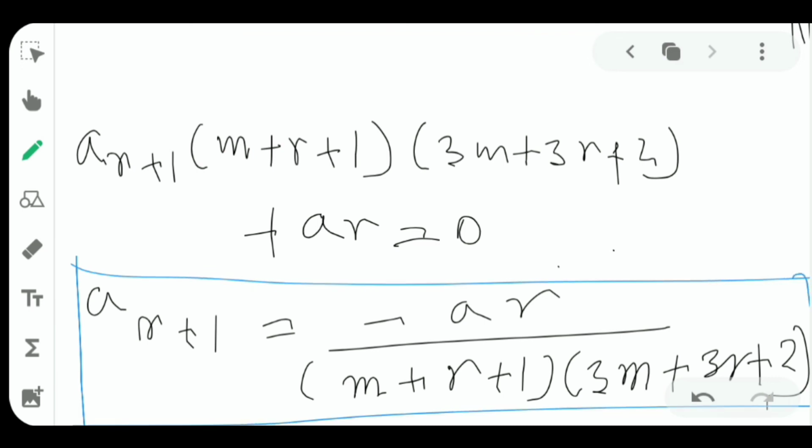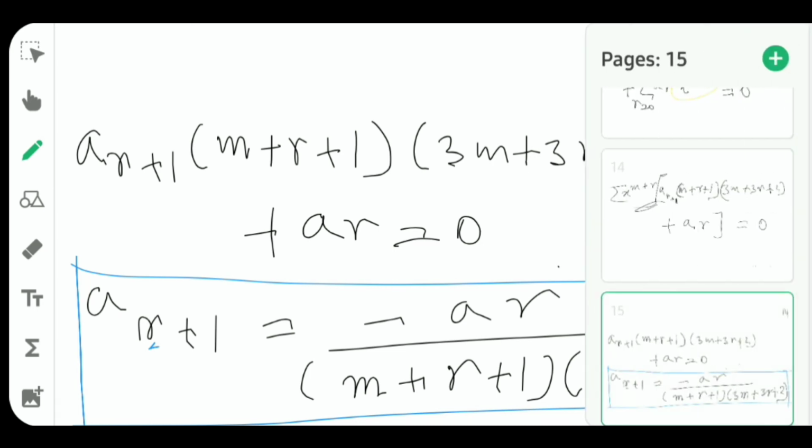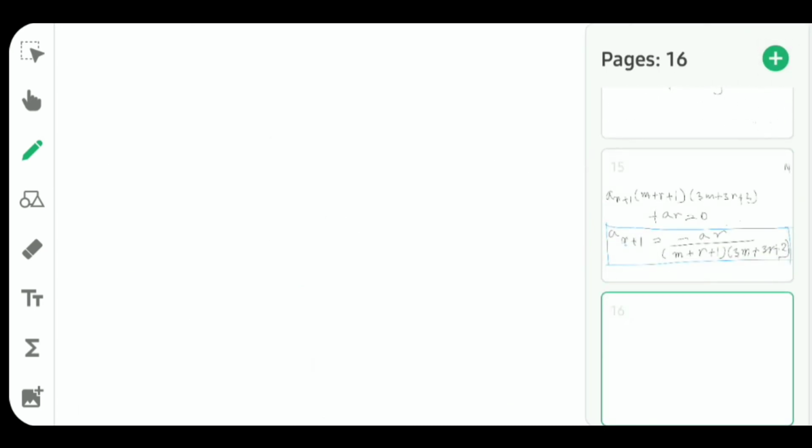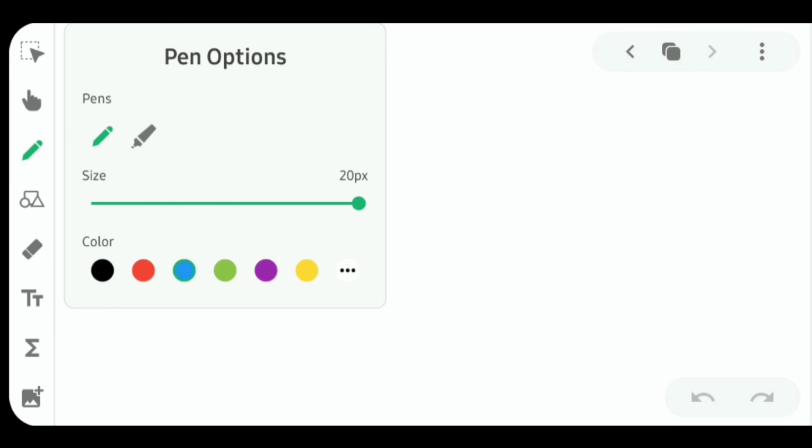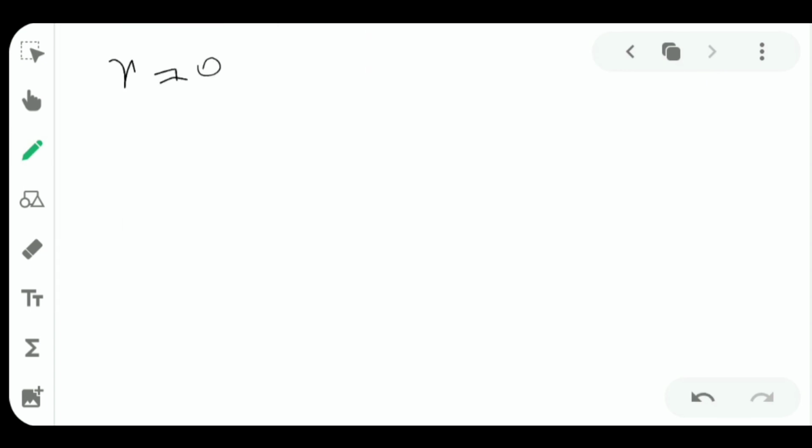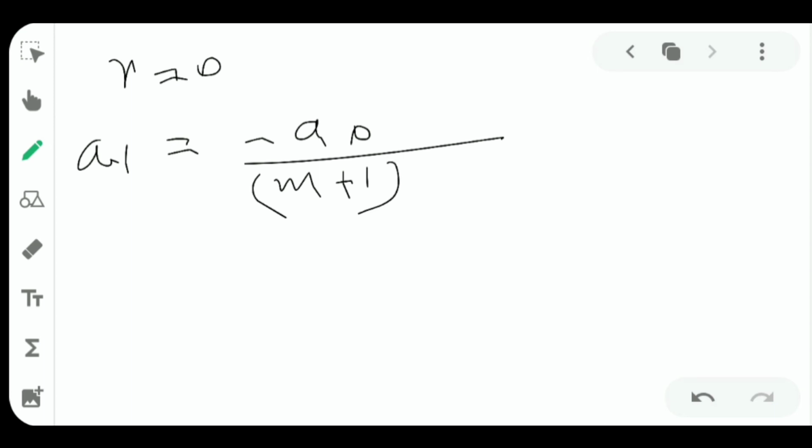Now there is a process: the condition is that you have to take r from 0 to infinity, so put 0 first, and then put 1, 2, 3 in such an order, and so on. If you put r equals 0, then a1 will be equal to minus a naught divided by m times (m plus 1) plus 3m plus 2.